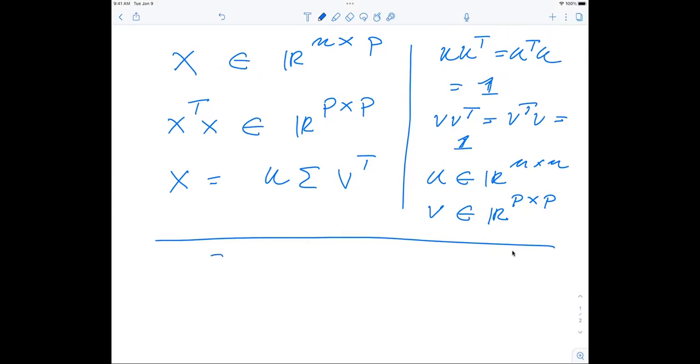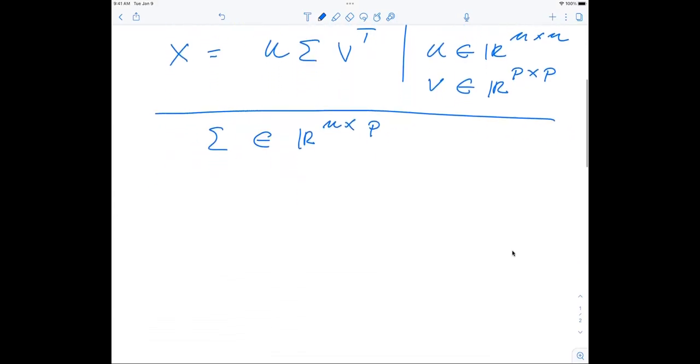And the matrix sigma has a dimensionality of n times p. Sigma is a matrix which contains the so-called singular values: sigma 0, sigma 1, and all the way down to sigma p minus 1. And then the rest of the elements are 0.